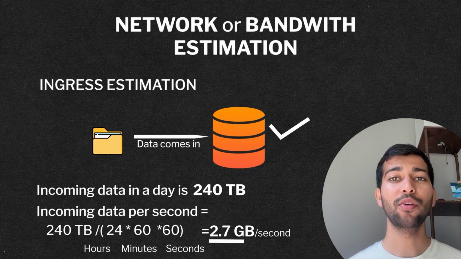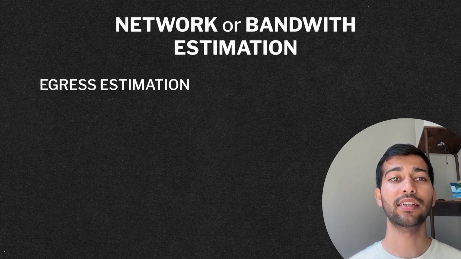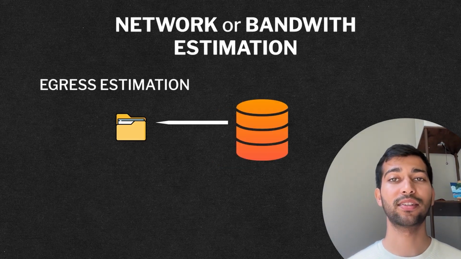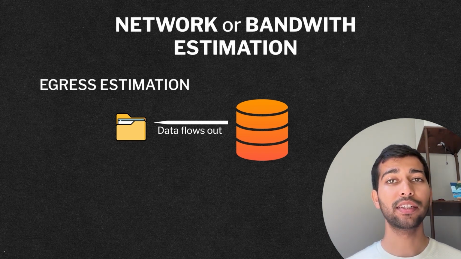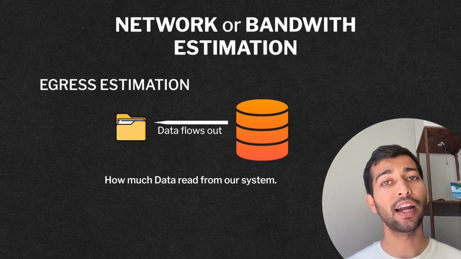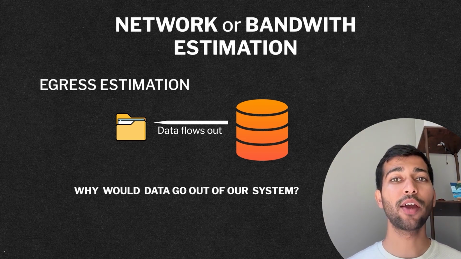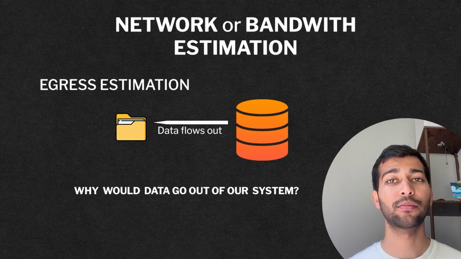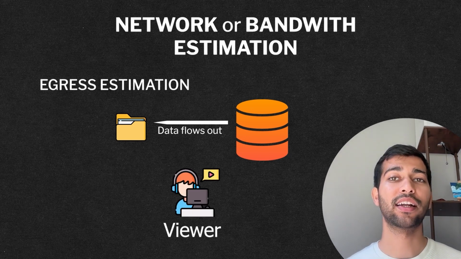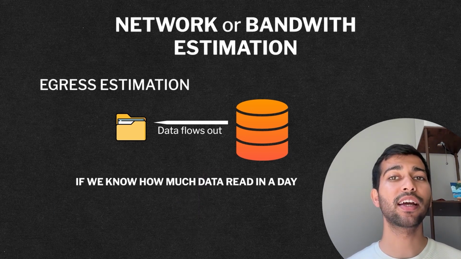Now we move on to the egress estimation, that is, how much data flows out of our system. Well, all the data that goes out of our system is basically how much data is read from our system. Otherwise, why would the data go out of our system? Someone needs to read that data, right? So if we know how much data is being read in a day, we know the egress.